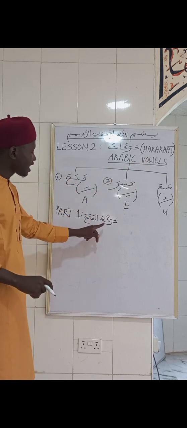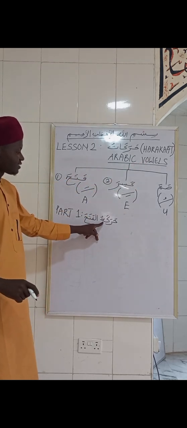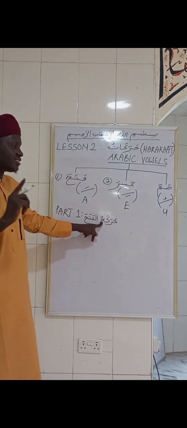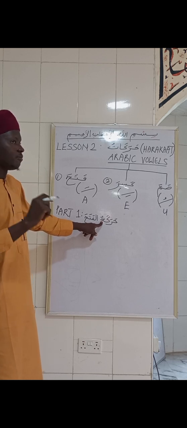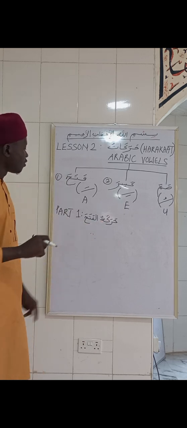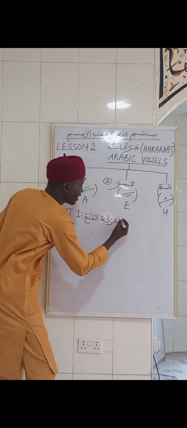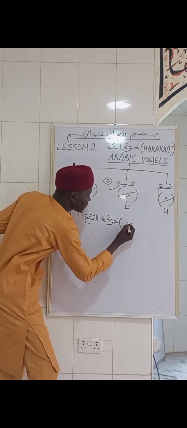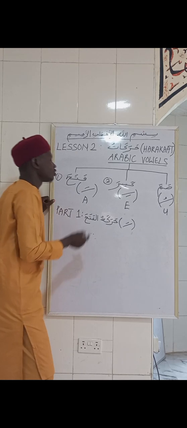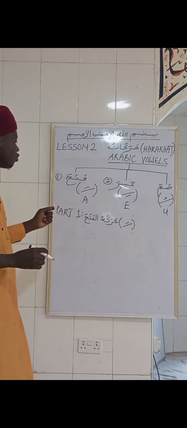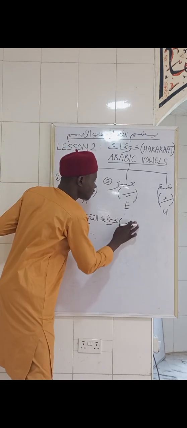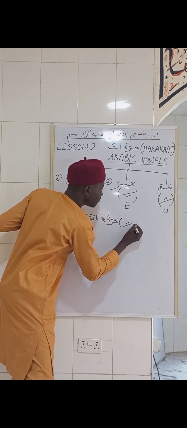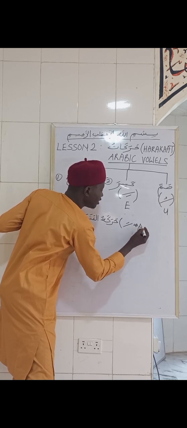But if I say haraka with ta marbuta, it is the singular form, meaning a single vowel, which is the Fataha. That's what we want to look at. It is equivalent to the A in English.